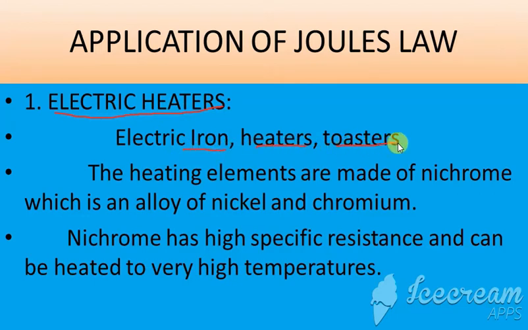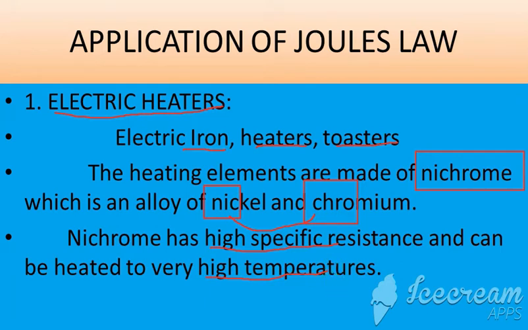Here the heating element is made up of nichrome. So what is nichrome? It is an alloy, a combination of nickel and chromium. We combine nickel and chromium, and that is written as nichrome. This nichrome has a high specific resistance, and also it has a high melting temperature.